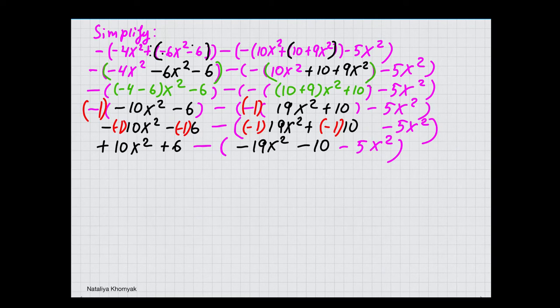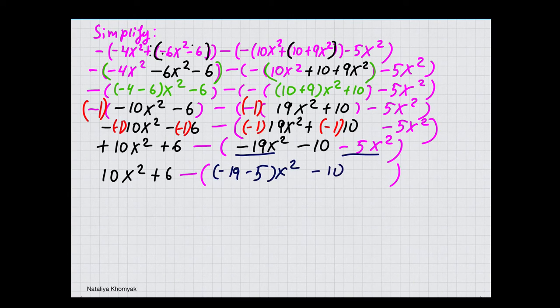We have like terms of negative 19 and negative 5x to the second, so we are going to simplify that next. 10x to the second plus 6 minus, negative 19, minus 5 of x to the second, minus 10.